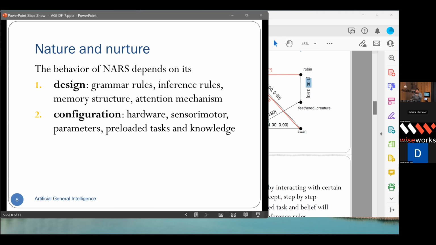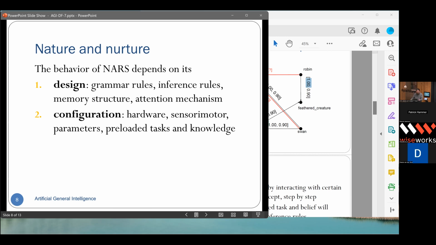And then the behaviors will be completely different, even though the mind is basically the same. Because it just plugs in different channels, controls different actuators, but the logic, all the inference rules and the control mechanism, how resources are distributed, in principle they're all the same.